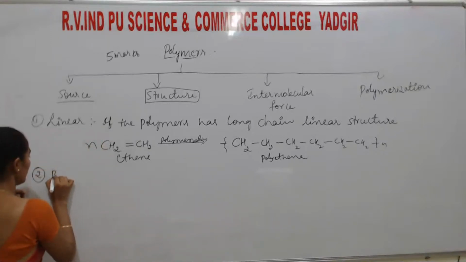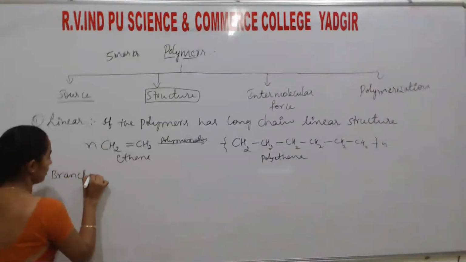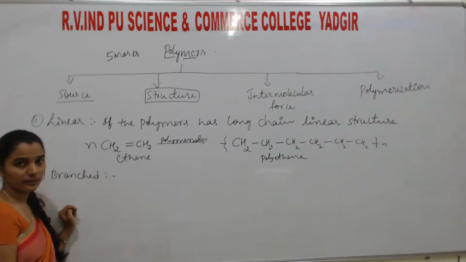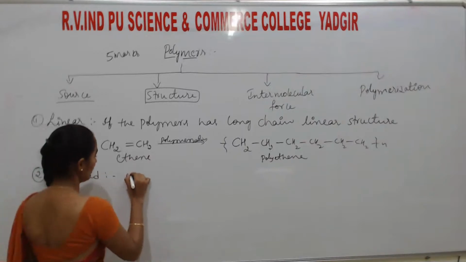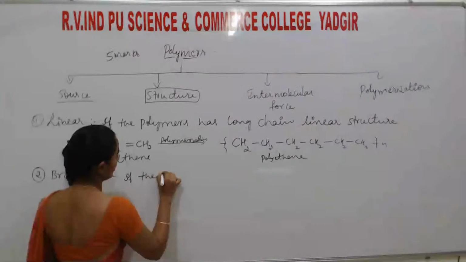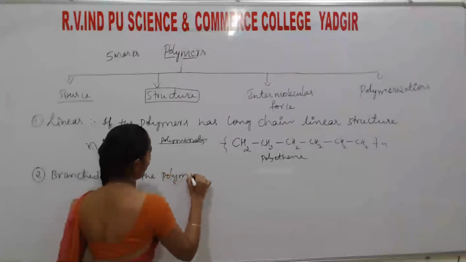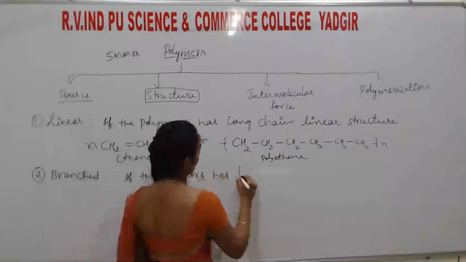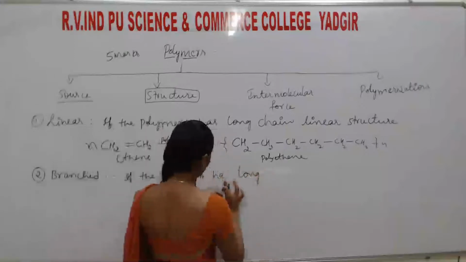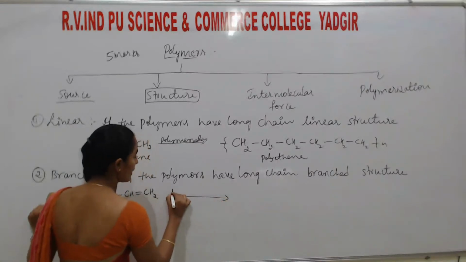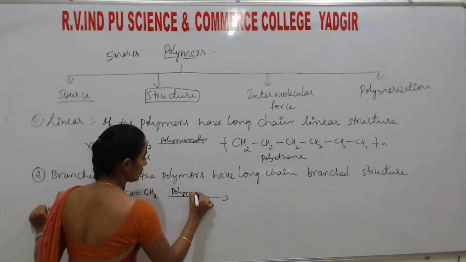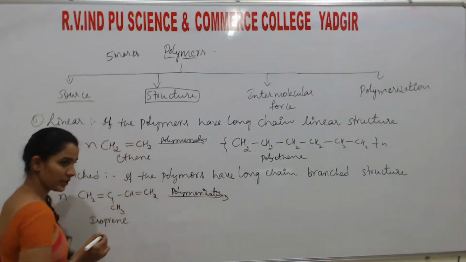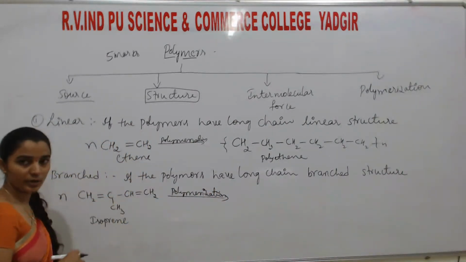The second one is branching polymers. Here, if the polymer has a long chain, after polymerization, the alternate single bond and double bond will change.